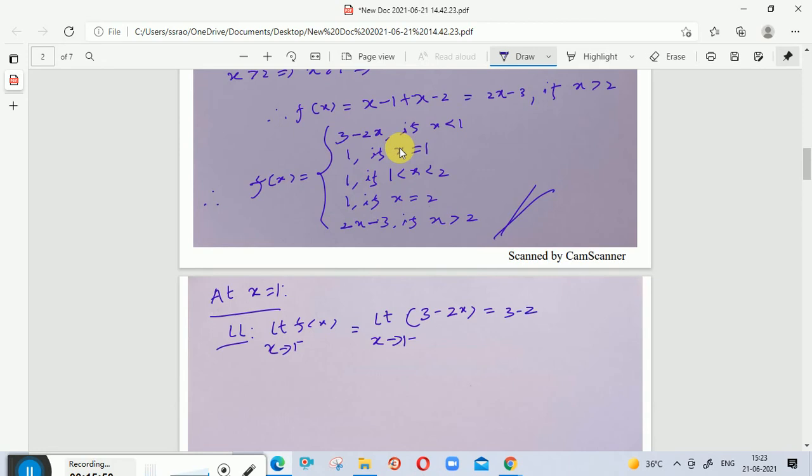That is equal to 3 minus 2 into 1, that is equal to 1.